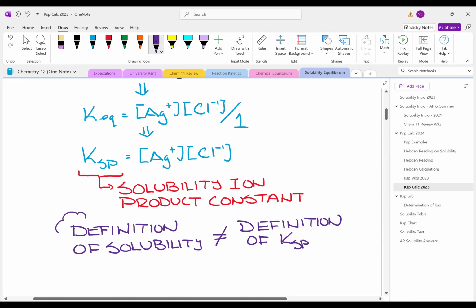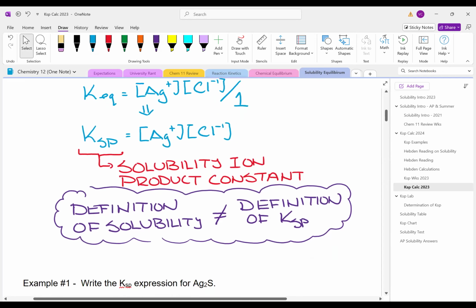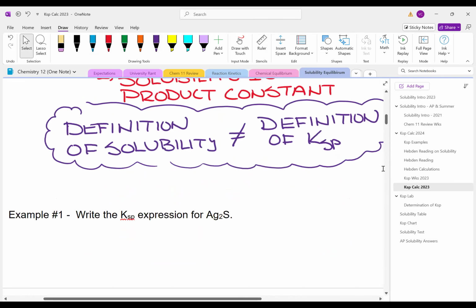They are related, but they are not the same. Solubility is how much dissolves to form a saturated solution, and KSP is the concentration of the ions in the saturated solution multiplied together. Now I want to give you a couple of examples of how we play around with this particular KSP value.